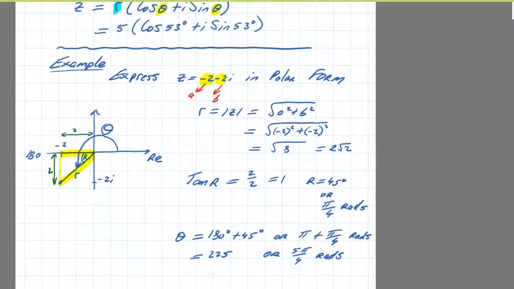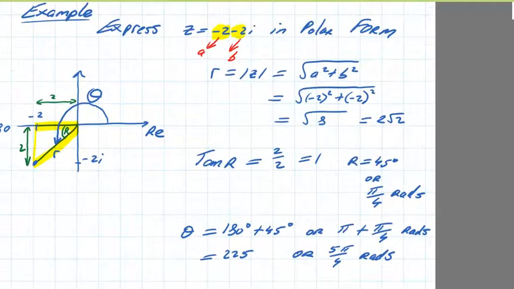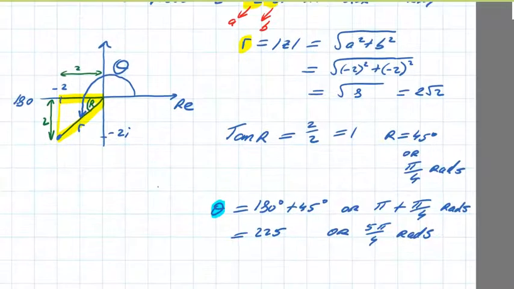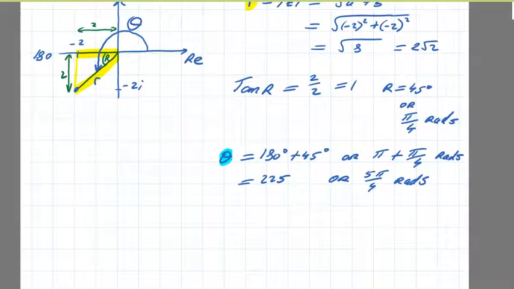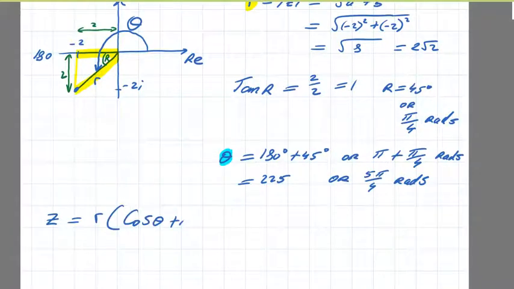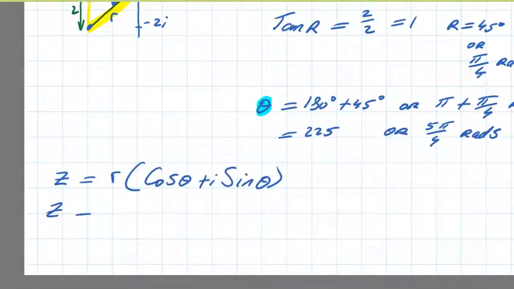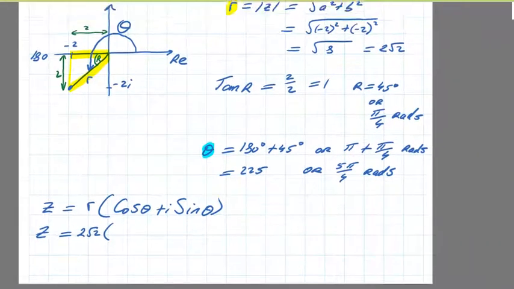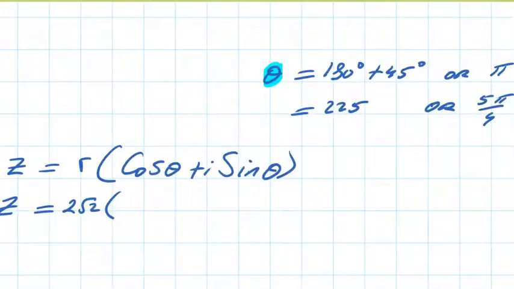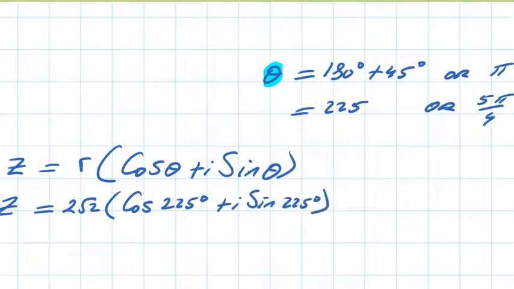We now have, again, the two things we need to write in polar form, r and theta. So let's fill those into our formula, and we have the answer then. So z is now equal to r times cos theta plus i sine theta. So z is equal to r, which is 2 root 2, the modulus or radius, times the cos of 225 plus i sine 225 degrees.